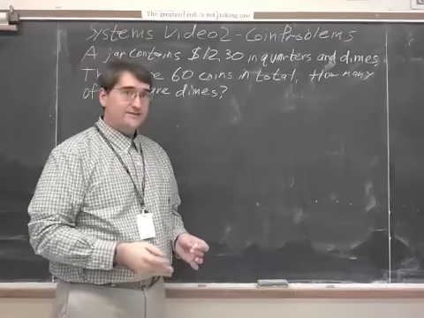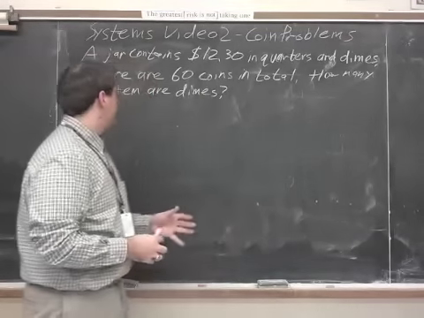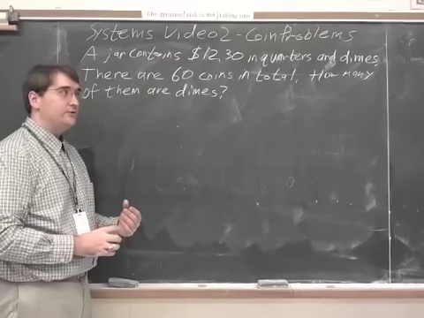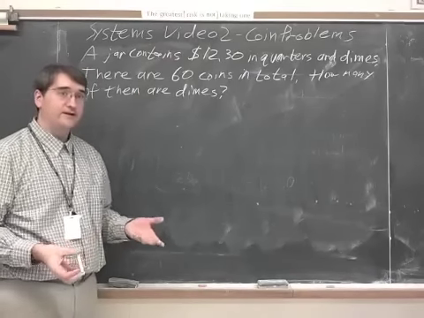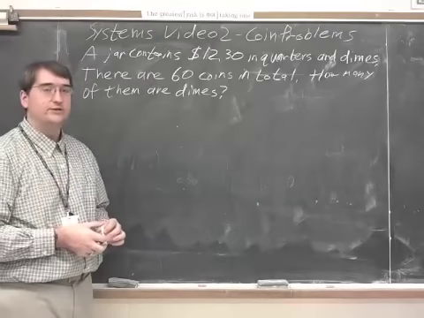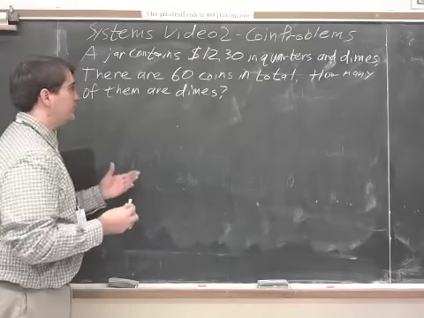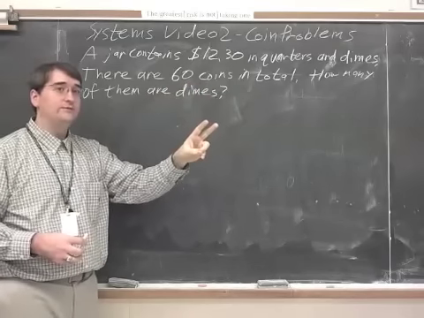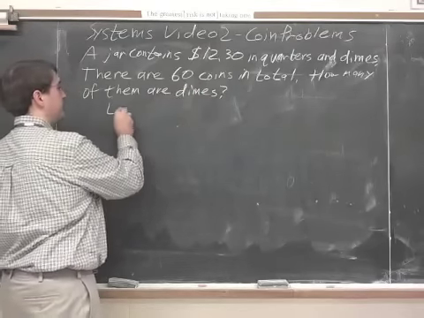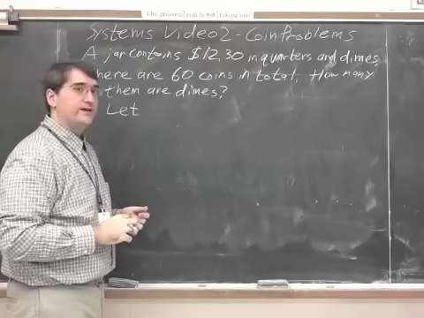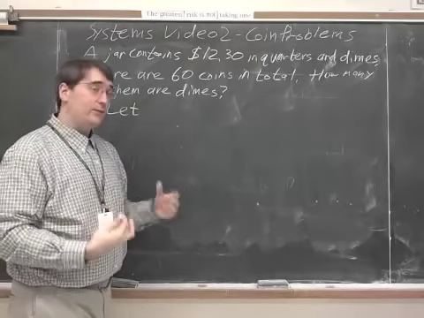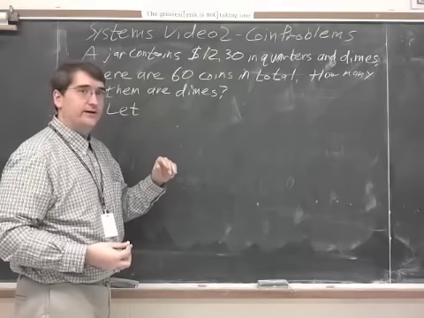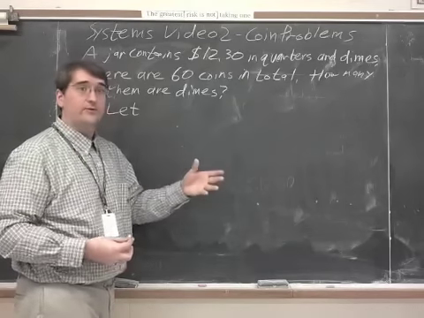So the first step that we should use whenever we tackle any kind of word problem is to define variables, let statements, your teacher might call them. We have two unknowns, the number of quarters and the number of dimes, so we're going to have two let statements. I like to use variable letters that correspond to the things they represent.